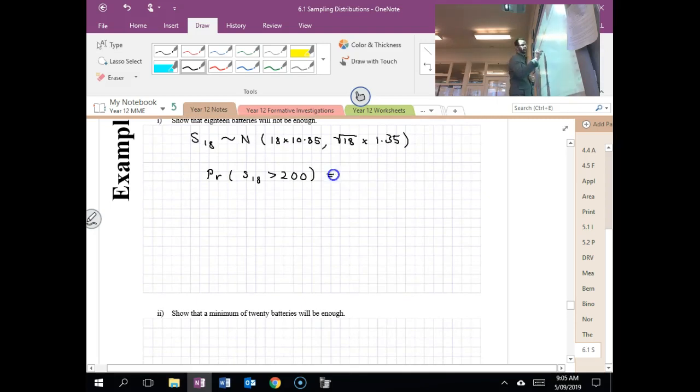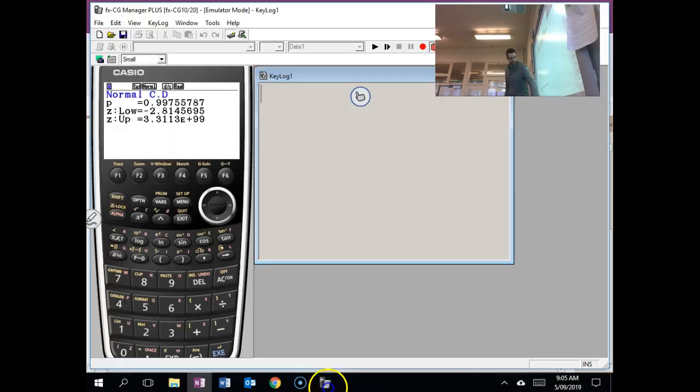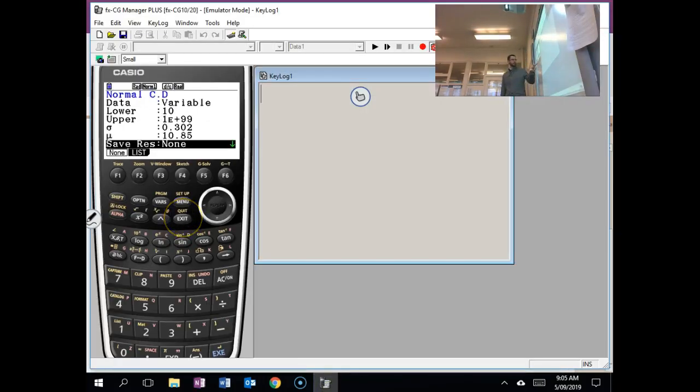To work that out, we need to go back to our calculator. I'm going greater than 200, so I'm going to put my lower value in as 200, and my upper value is going to stay as the highest thing the calculator can handle. My standard deviation now is 1.35 times the square root of 18, and my mean is 10.85 times our sample size, which is 18.